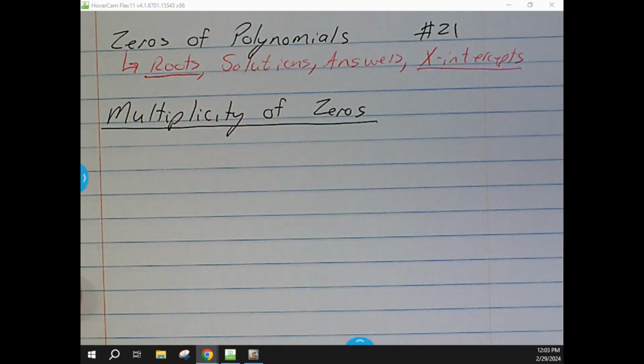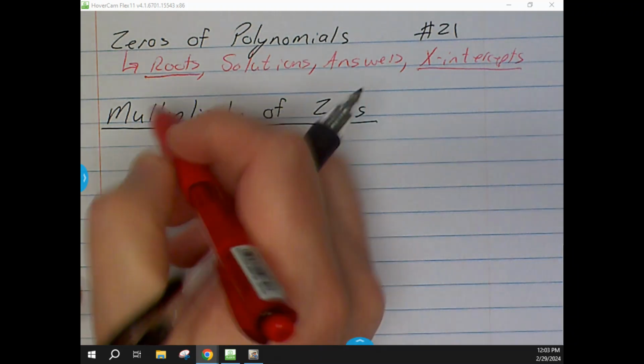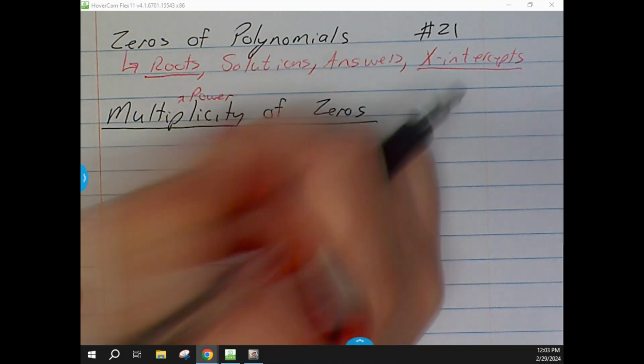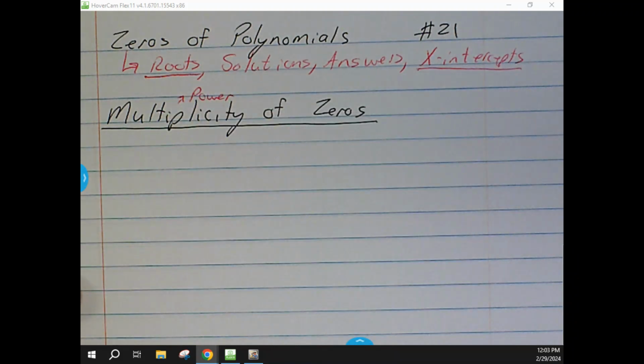Whenever you see multiplicity, just think power. So when they talk about multiplicity, it's the power, it's the exponent. So multiplicity is the power of whatever it is that we're working through.